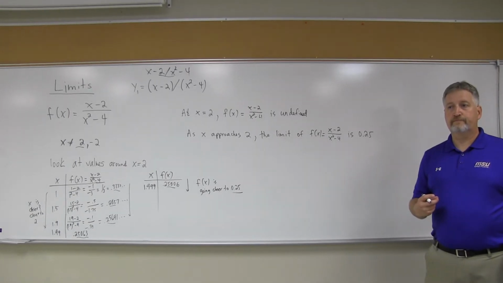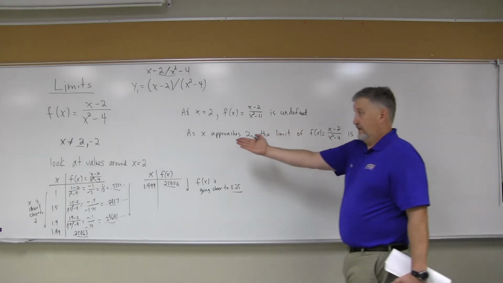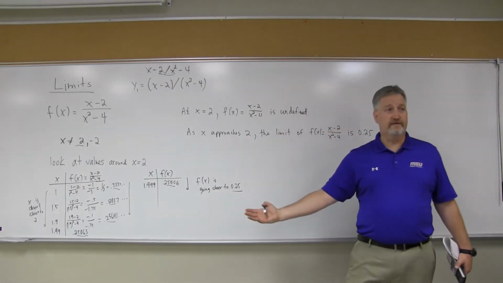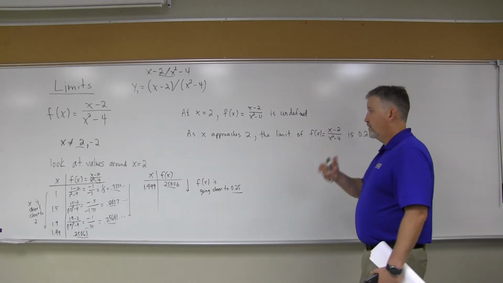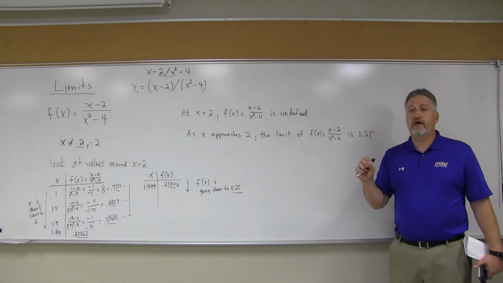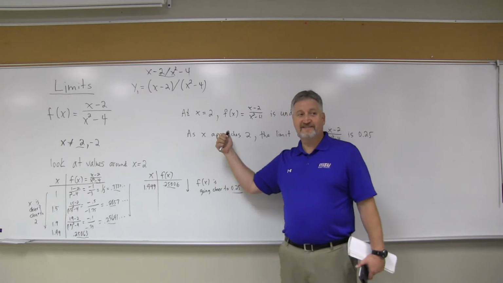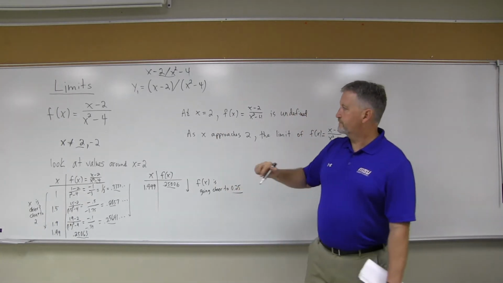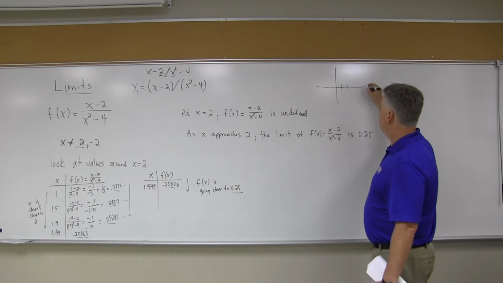Okay? That's the idea. So it's kind of interesting, right? Because I can't plug it in, but this limit's out there. It looks like it's approaching a value. Now, there's some notation and things like that, but I do need to show you that this actually wasn't enough for us to say this yet, because think about the graph here.